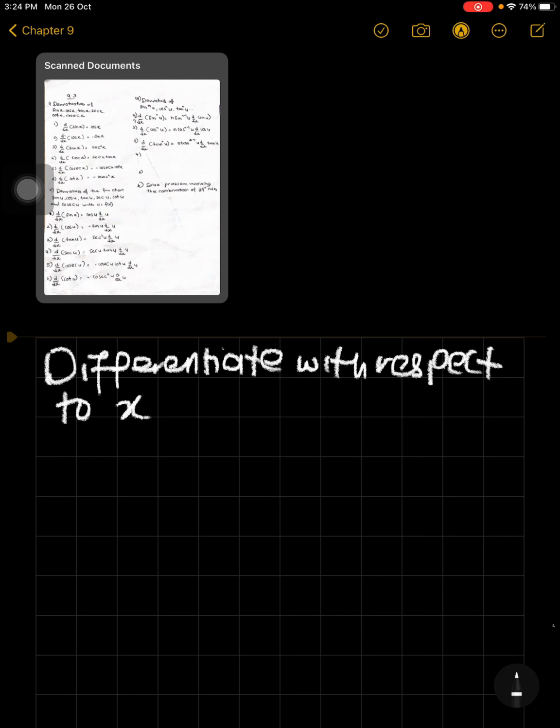Okay, so first question, 2 sin x minus 3 cos x.